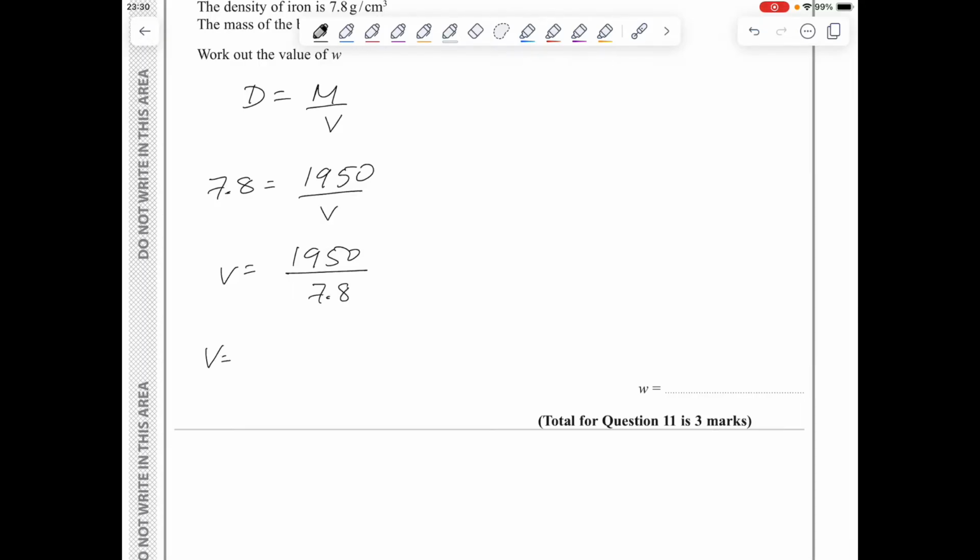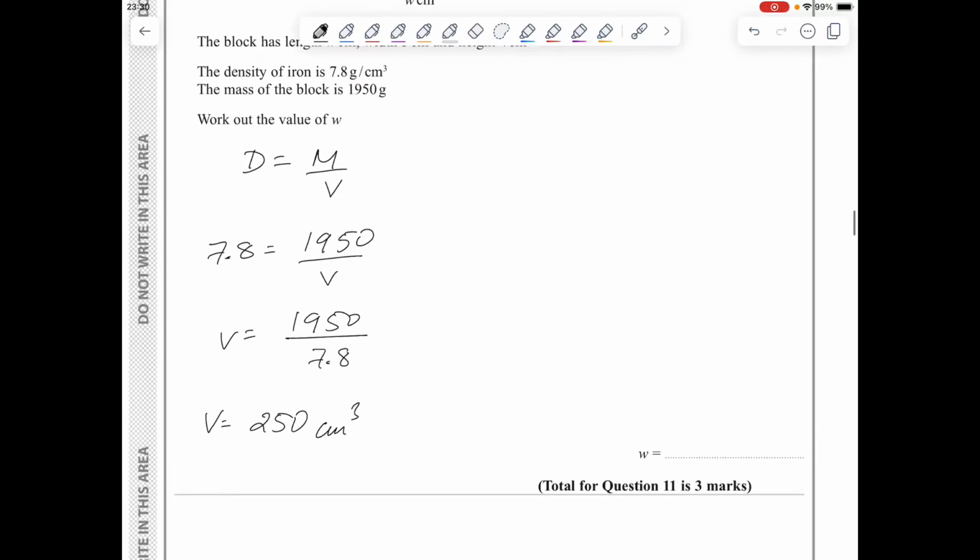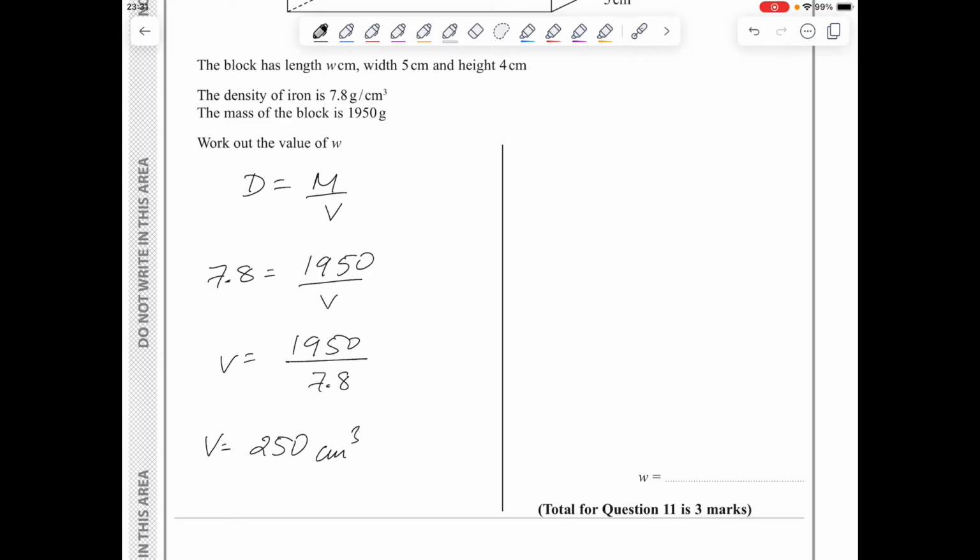So the volume is equal to 250 centimeters cubed. Now the shape I have is a cuboid, so volume is equal to 4 times 5 times the width, so 250 is equal to 20W, so W is equal to 250 over 20, which gives me 12.5.